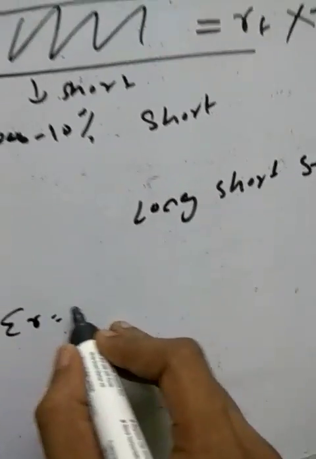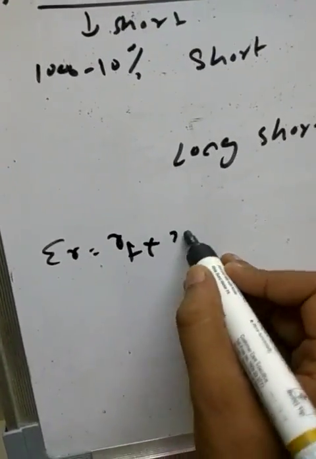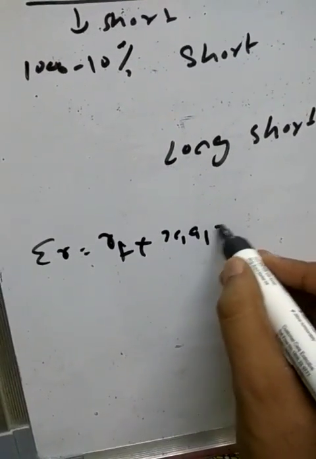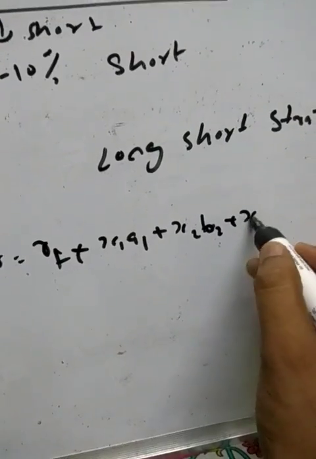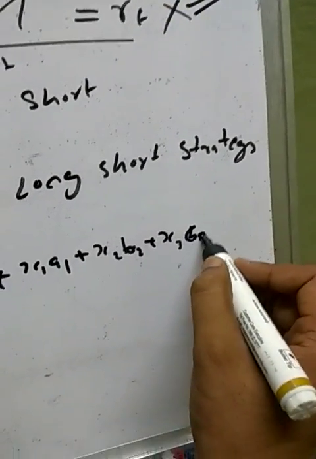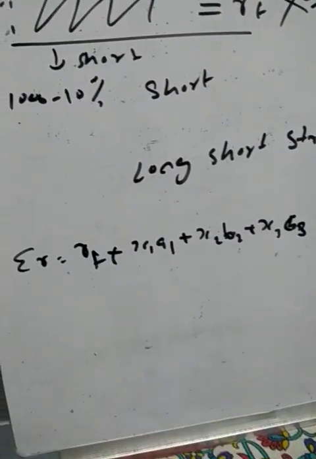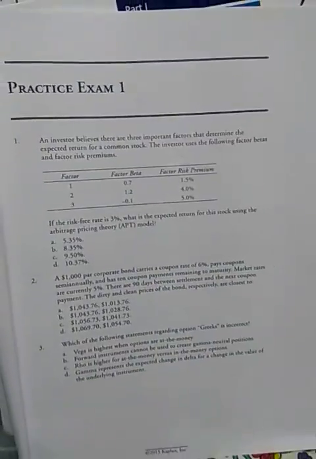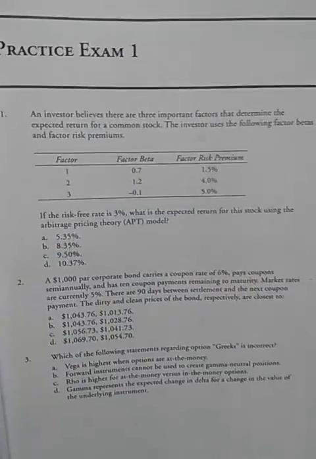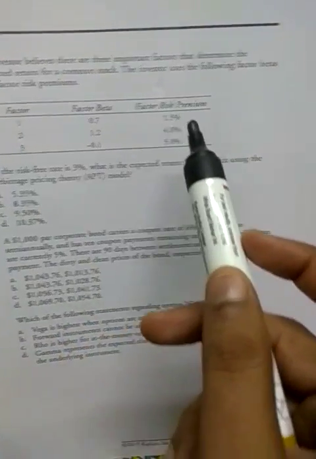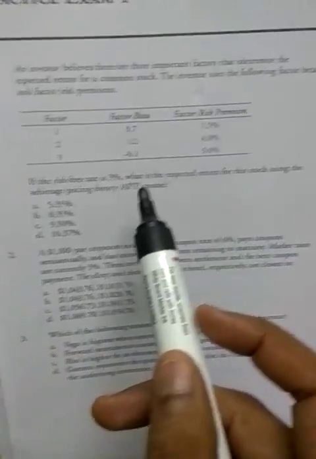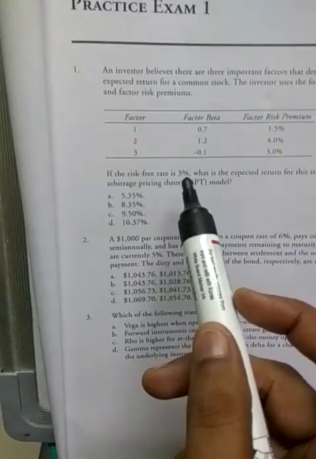Now the question is, what are the expected returns? The formula for APT is: expected return is equal to risk-free plus whatever the answers are, x1 A1 plus x2 B2 plus x3 B3 and such things. Now the table has been given. The table says the factors are 0.7, 0.2, minus 1, 1.5, 4%, 5%. RF has been given as 3%.